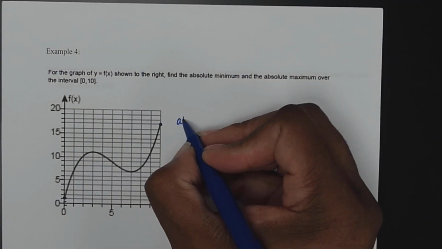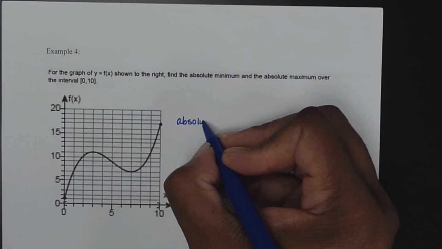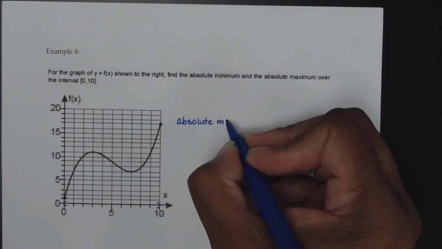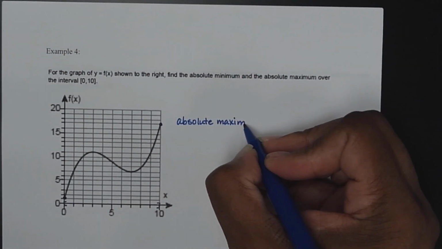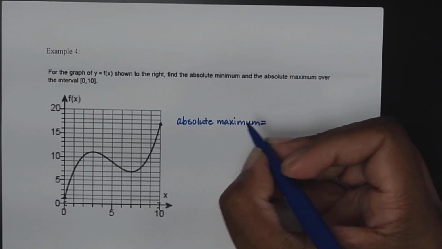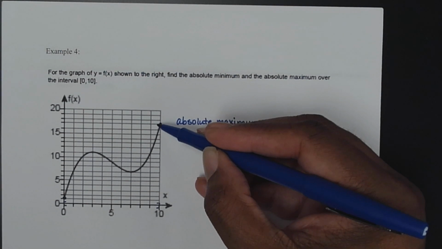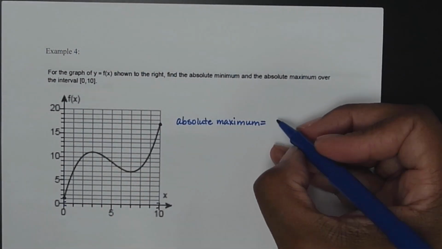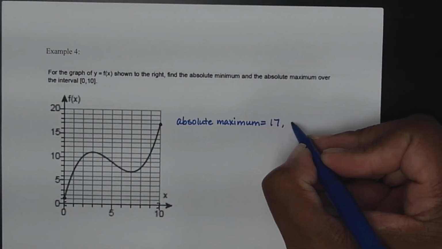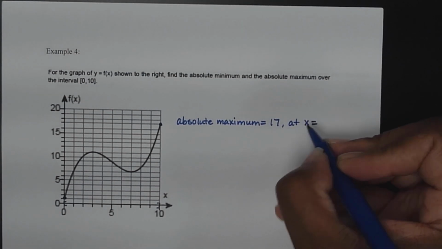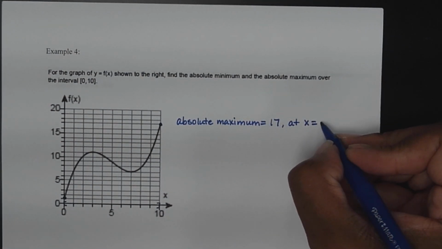So let's start with the absolute maximum. Absolute maximum is the highest point here. That y value there will be 17. And it occurs at x is equal to, in this case, 10.